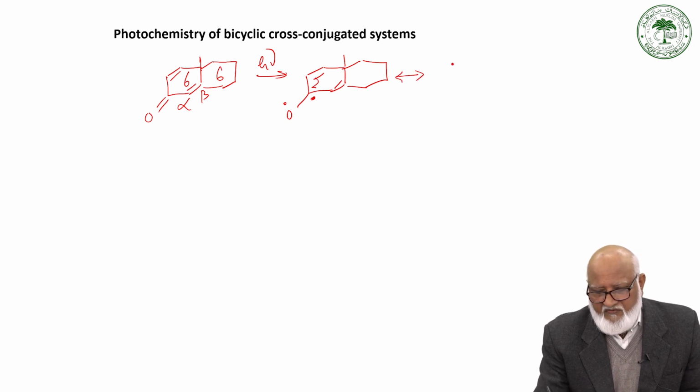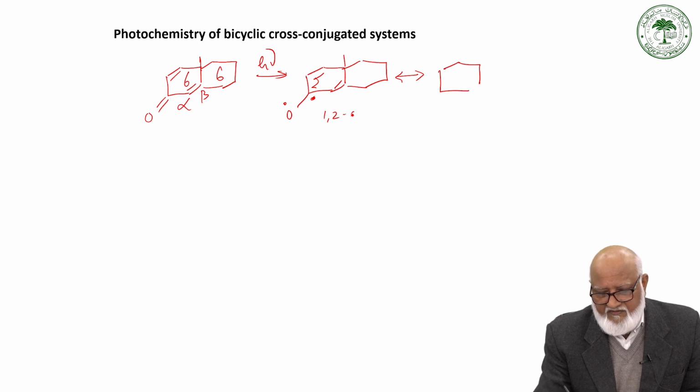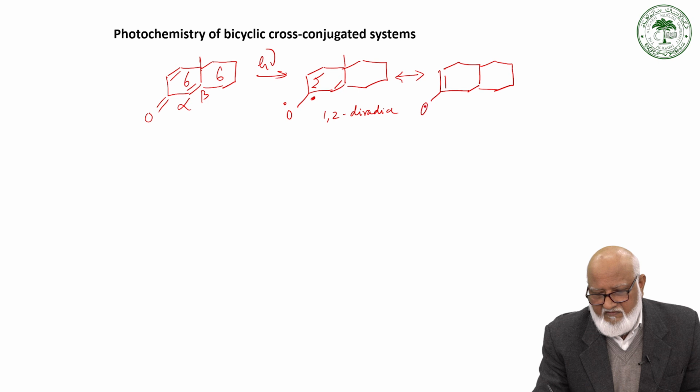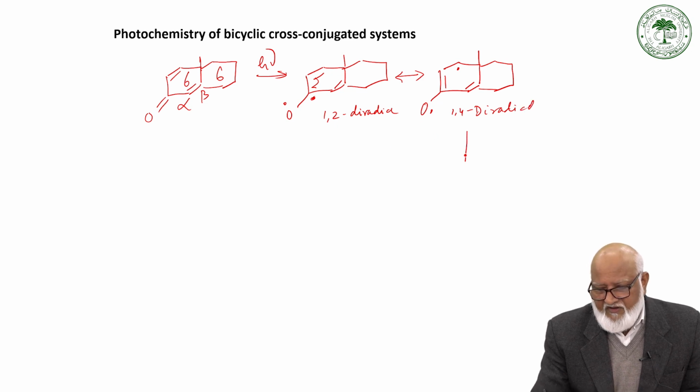So we can think of a 1,2 diradical, and then transforming to a 1,4 diradical, and this is a 1,4 diradical in this enone system.